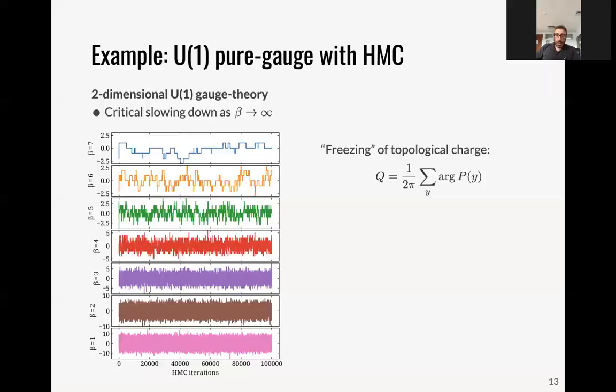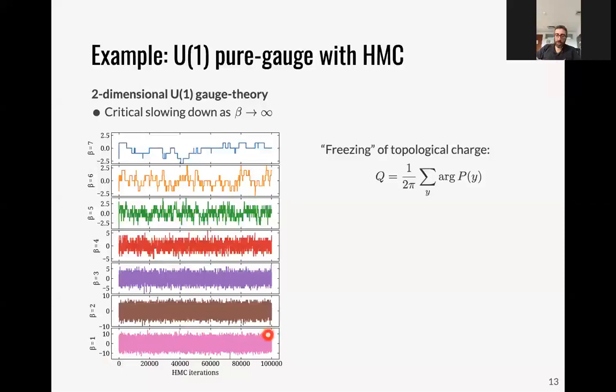And so here we have the beta, which multiplies the action in the exponent, or the inverse temperature, and we're moving towards larger betas from bottom to top, and then we're plotting the topological charge that you get as a function of the number of hybrid Monte Carlo iterations.